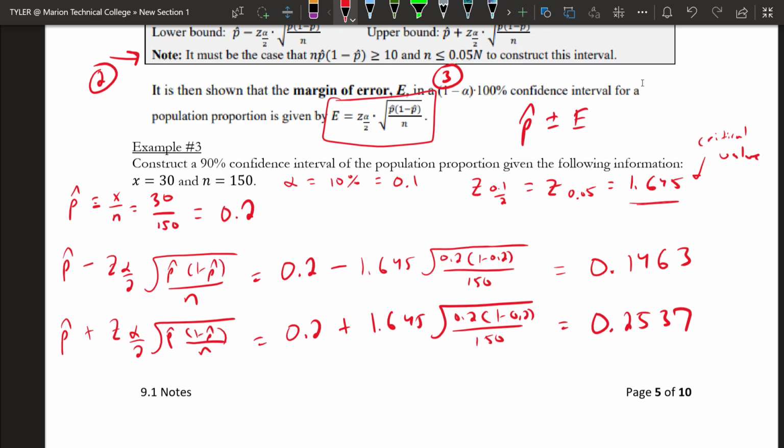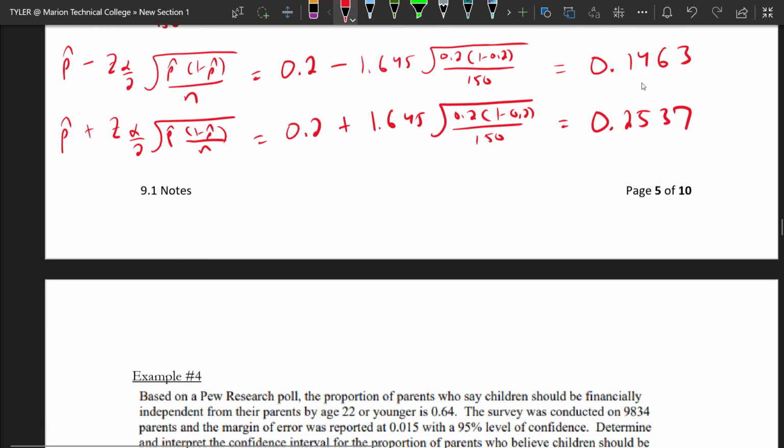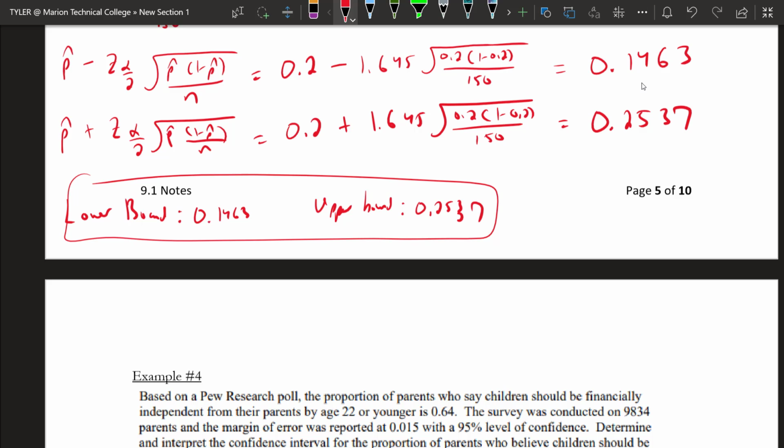Some people report these by saying lower bound, colon, and then writing that value 0.1463, and then upper bound, colon, and then that value, 0.2537. That's one way that people report these.